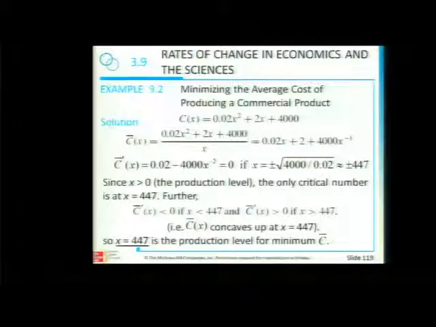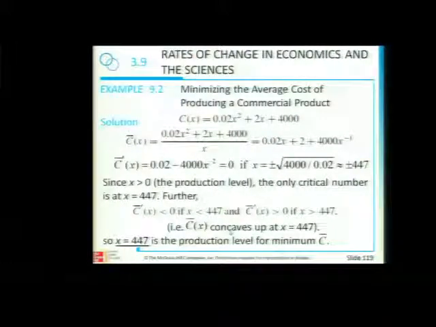On the other hand, when X is bigger than 447, C bar prime is positive, meaning the average cost is increasing. So less than 447, C bar is decreasing; bigger than 447, it is increasing.